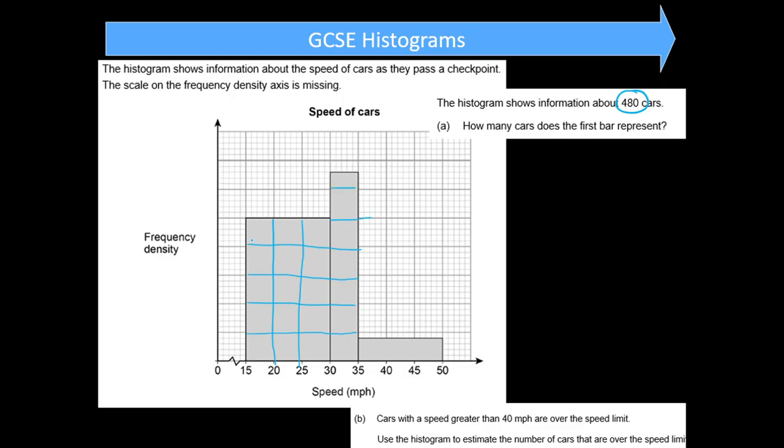So how many bars do we have? 1, 2, 3, 4, 5, 6, 7, 8, 9, 10, 11, 12, 13, 14, 15, 16, 17, 18, 19, 20, 21.